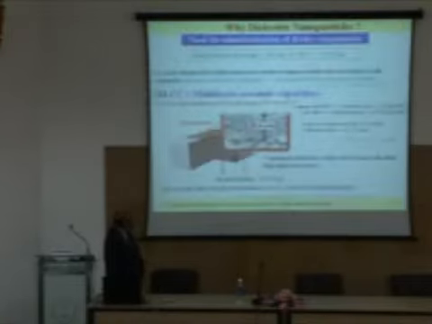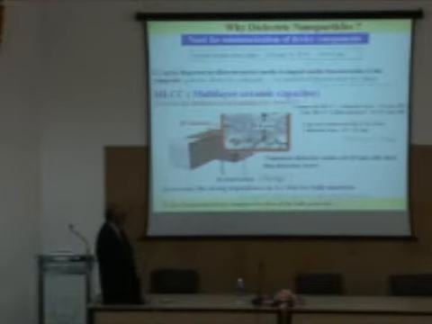Now let me come to some dielectric nanoparticles and nanocomposites. Dielectric nanoparticles are very important because the size of ceramic capacitors depends on the particles you are using, barium titanate.